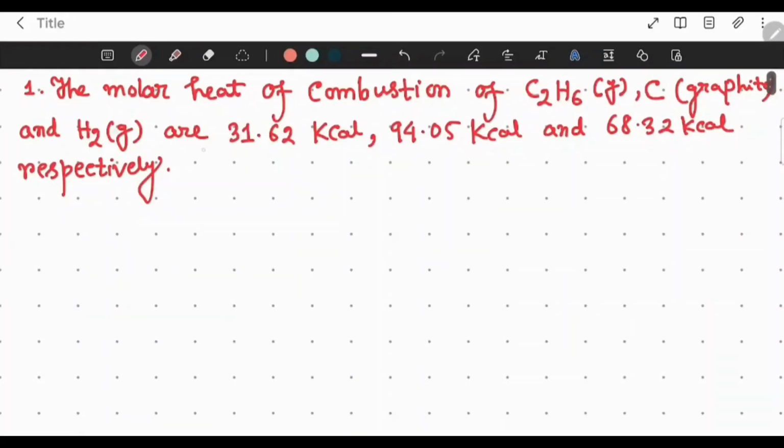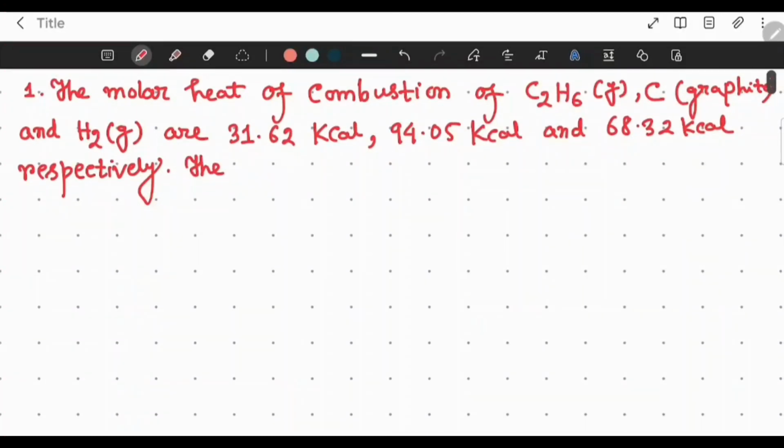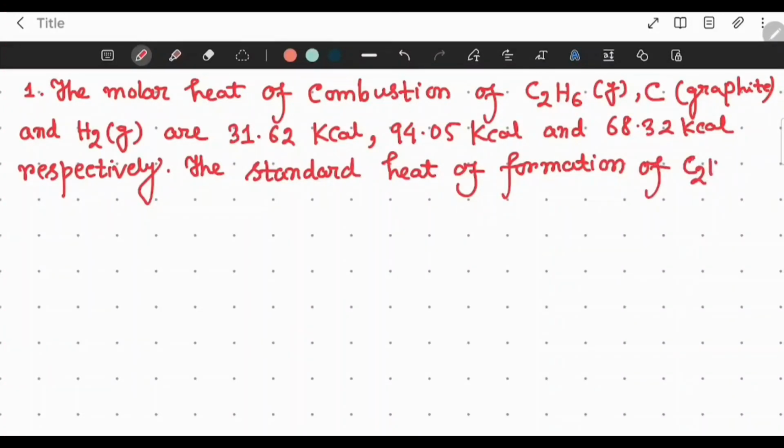Now they ask for the standard heat of formation of C2H2 gas.